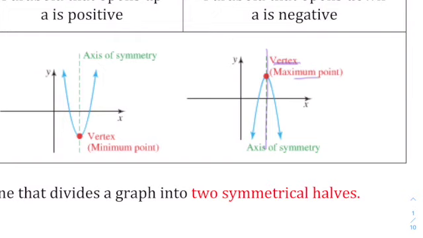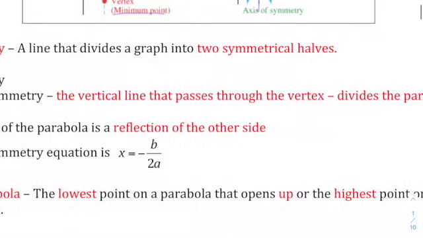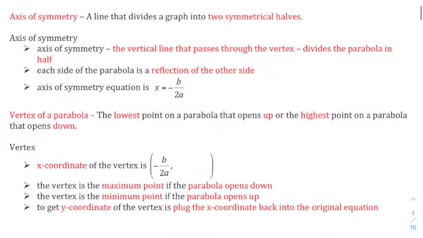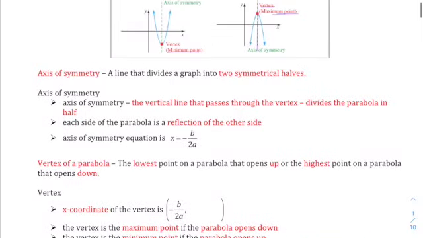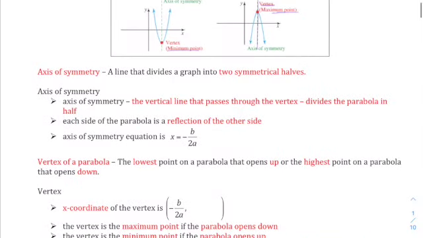This is the maximum point because it's the highest point, and this is the minimum point because it's the lowest point. The vertex of a parabola is the lowest point of a parabola that opens up, and the highest point of a parabola that opens down. Common sense tells you that when it opens up, you are happy, that's the lowest point, and when you are sad, that's the highest.